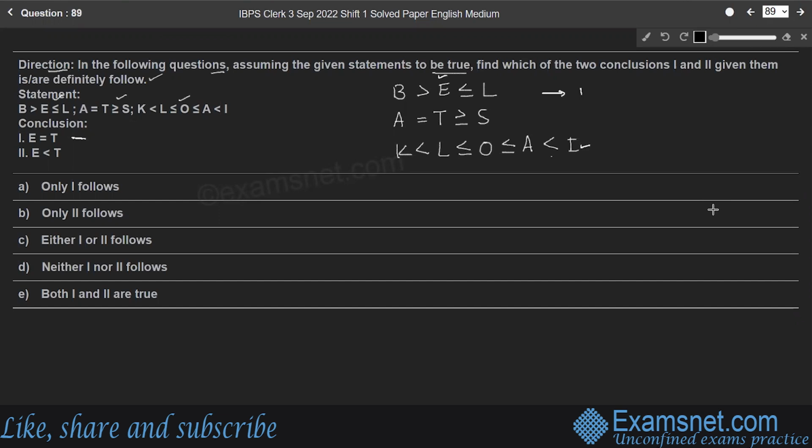So let us combine first and third statement. Right?